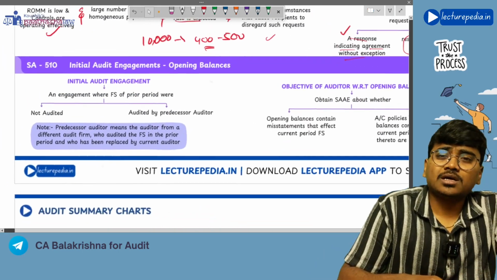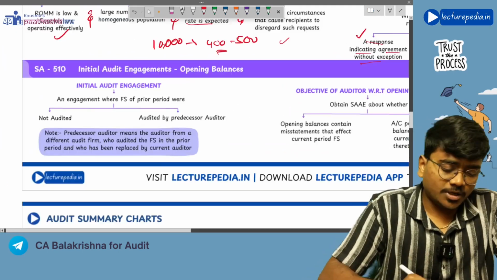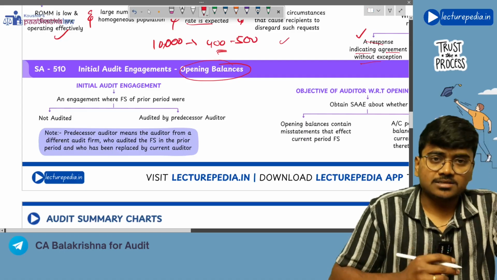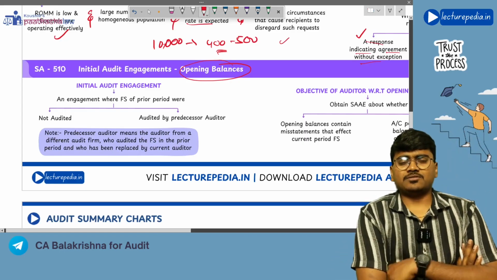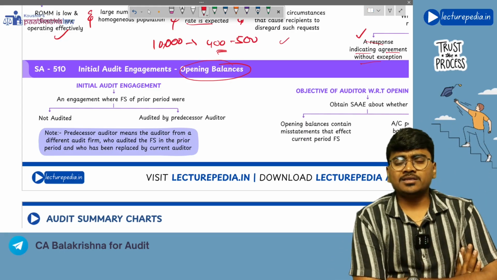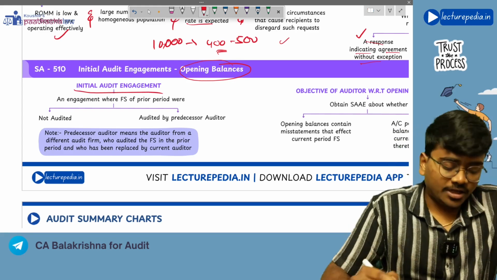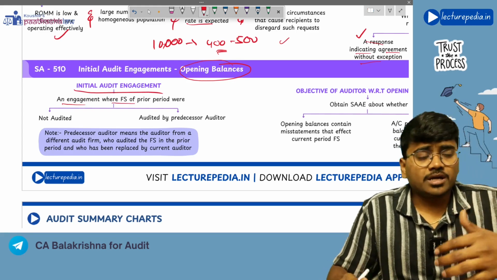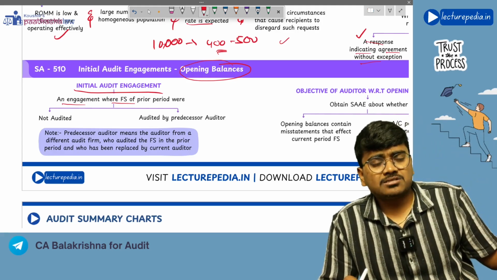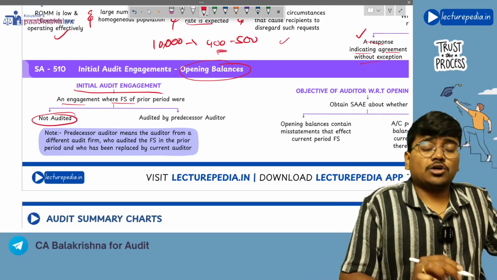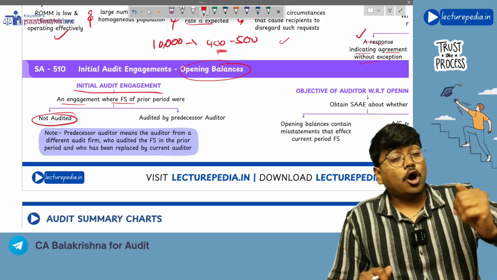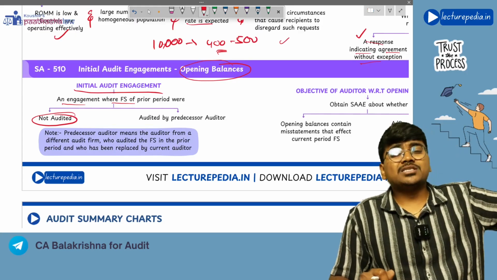It is about initial audit engagement, opening balances. So first of all, what is meant by an initial audit engagement? Let us see. An engagement in which prior period financial statements are not at all audited or audited by some predecessor auditor.